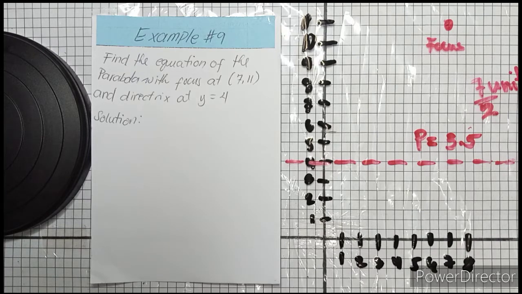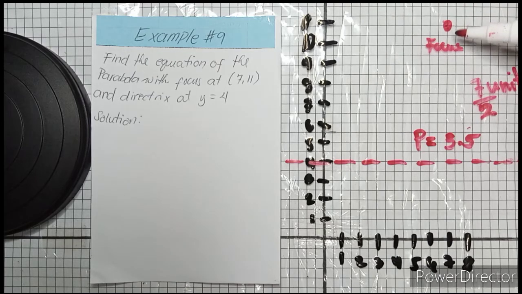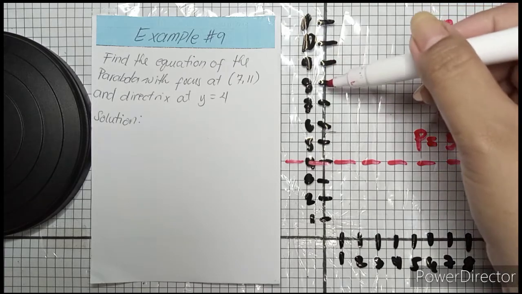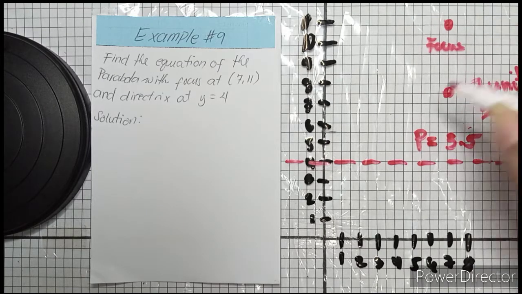Then, punta tayo ngayon sa focus. Kunin na natin si vertex. So, from our focus, bababa tayo ng 3. So, 1, 2, 3, at kalahati. Okay? Ito na yung ating vertex.